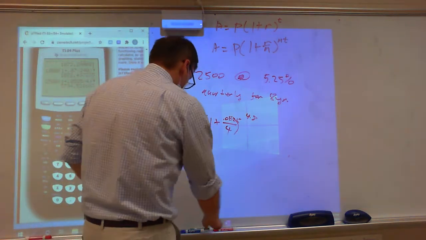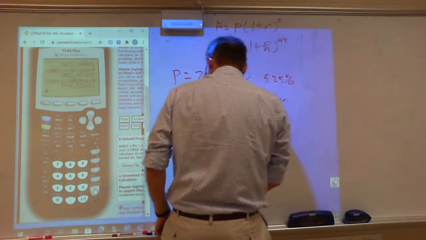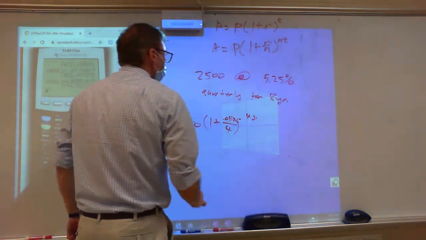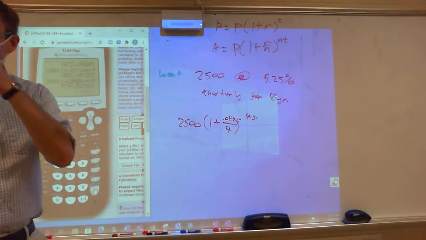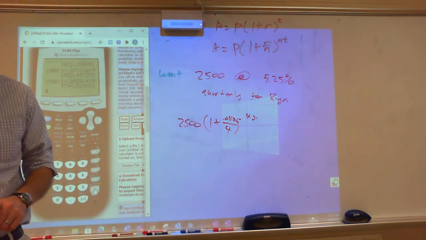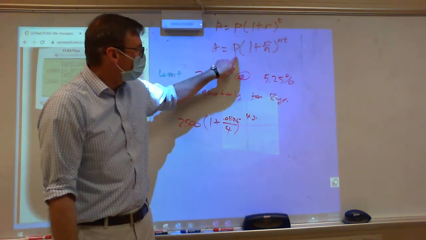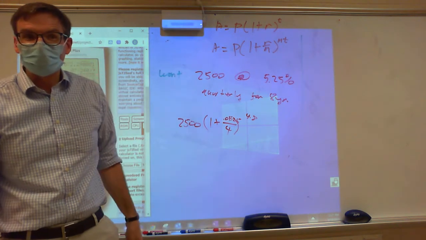The other type of problem is, what if we want $2,500? Do you see the difference? If you start with 2,500, that means you get to put the 2,500 here, right? If you want 2,500, where do you have to put it?